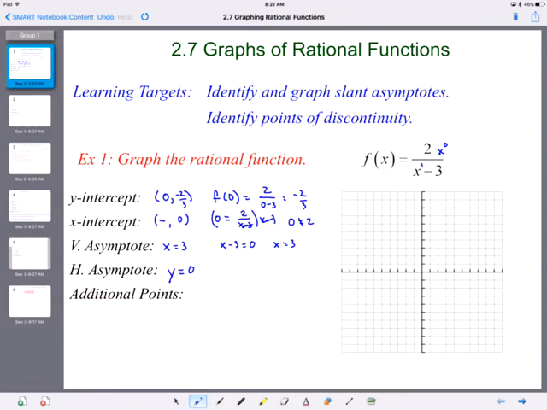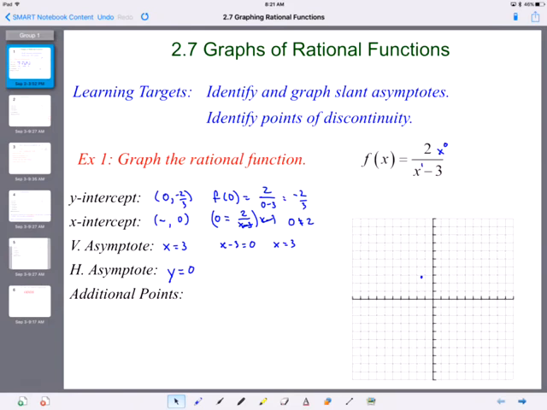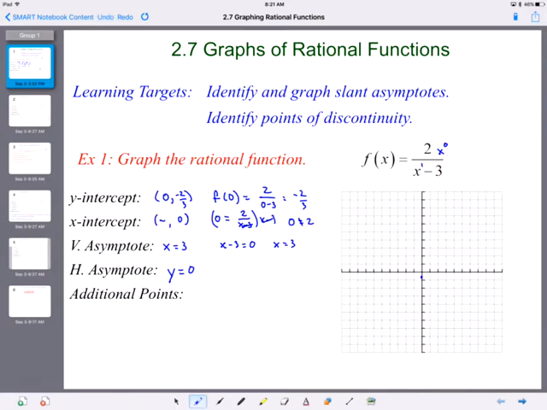So we've gone through the different things that we can find about the graph for now. Let's go ahead and graph what we know. Well, the y-intercept is at 0, negative 2/3, so it might be a little difficult to plot, but we'll get that idea down there. Whoops, that's no good. Okay, sorry about that. And then on the x-intercept, it doesn't cross, so we can't plot that. We have the vertical asymptote, so let's get that.